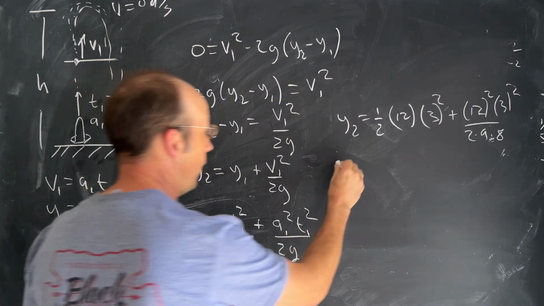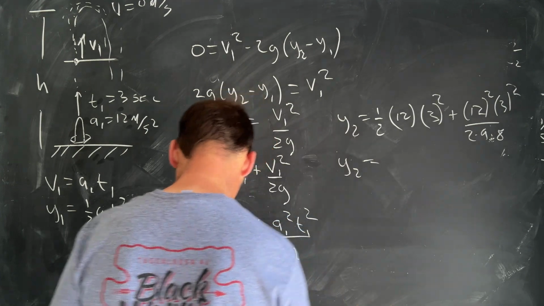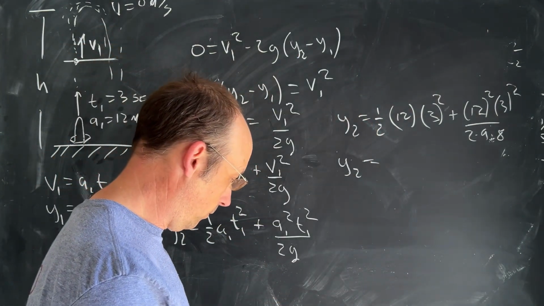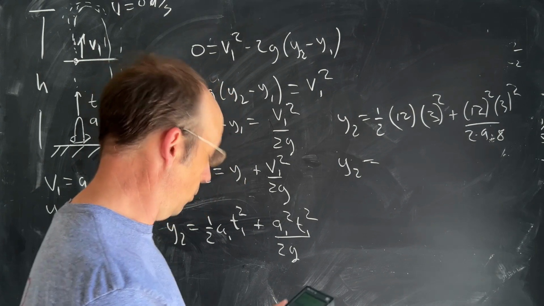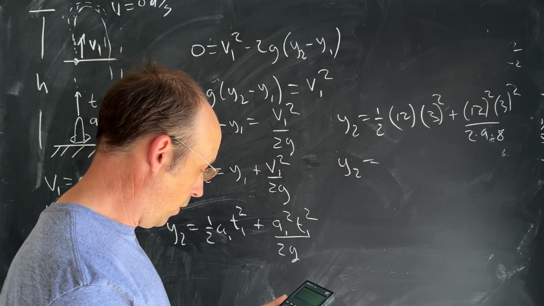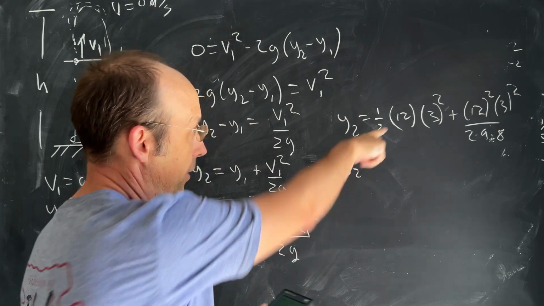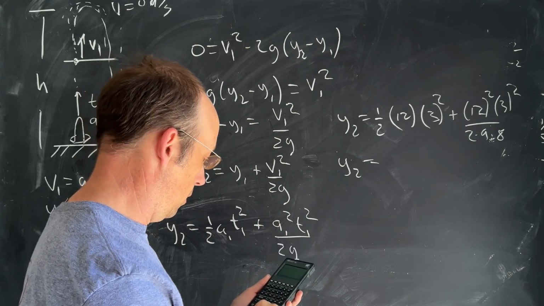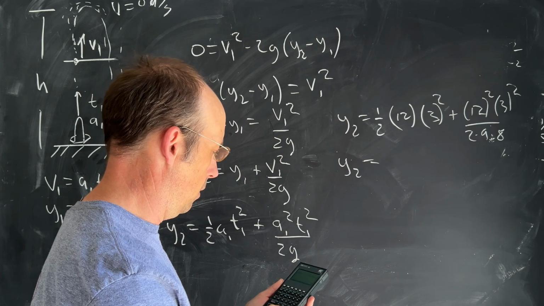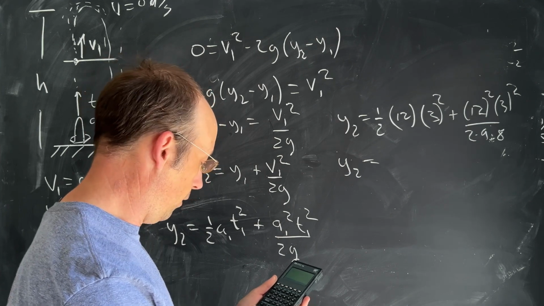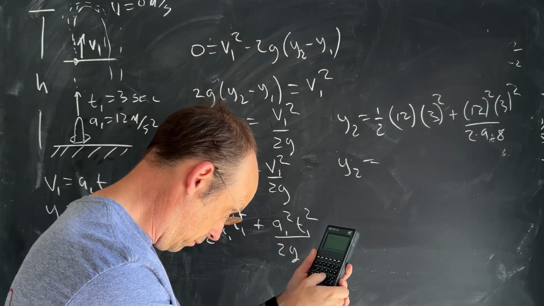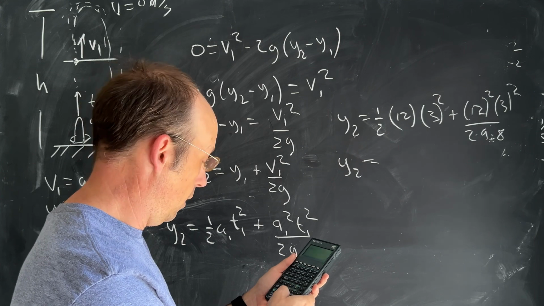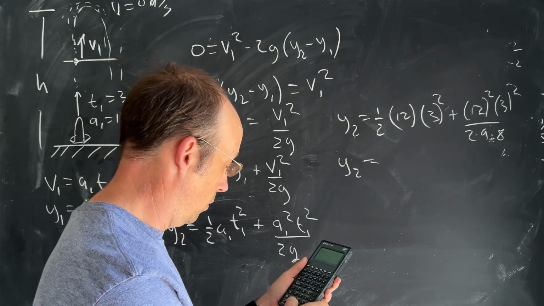So let's put in our values there. Calculator. So 0.5 times 12 times 9, plus 12 squared times 9, over 2 times 9.8.